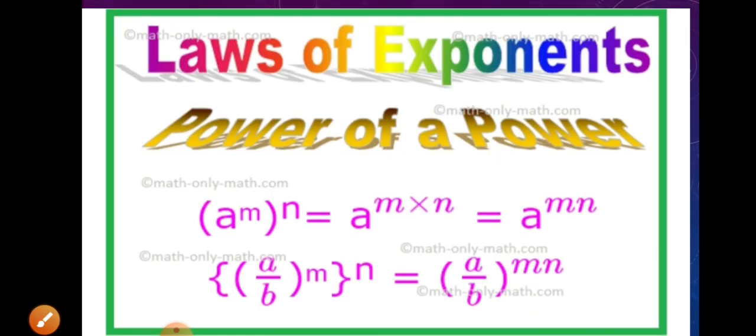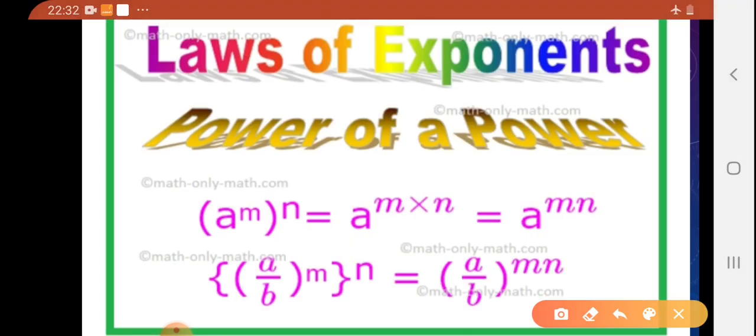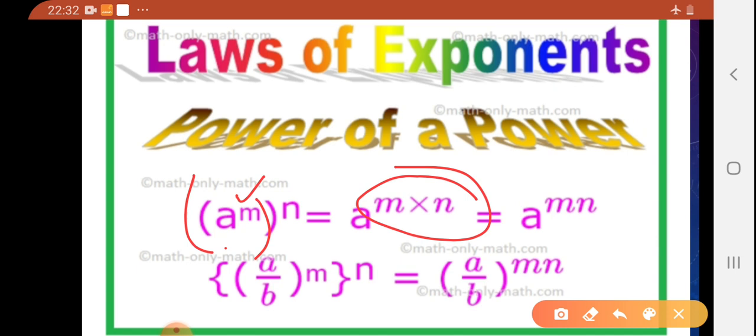Now the next law of exponent says that any number to the power, whole to the power another number, the powers will be multiplied.